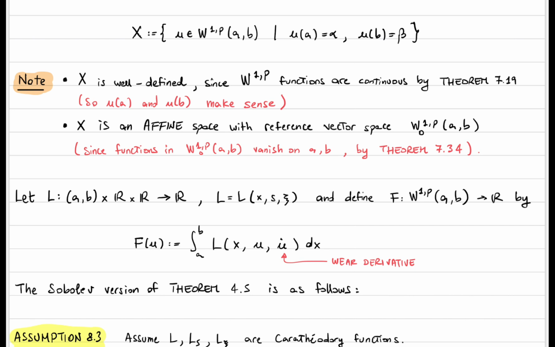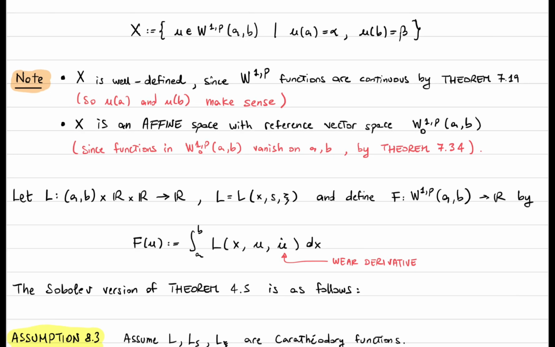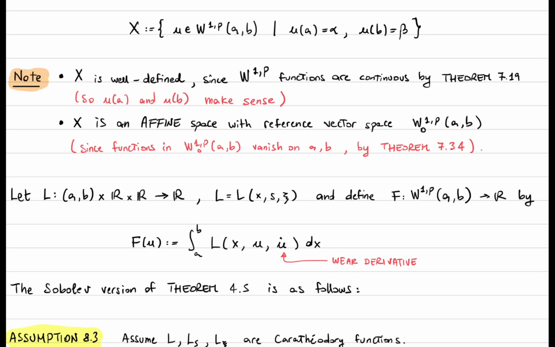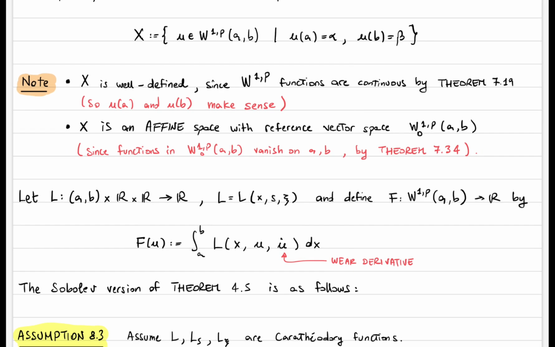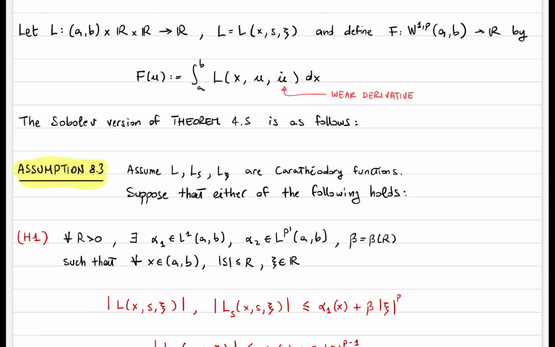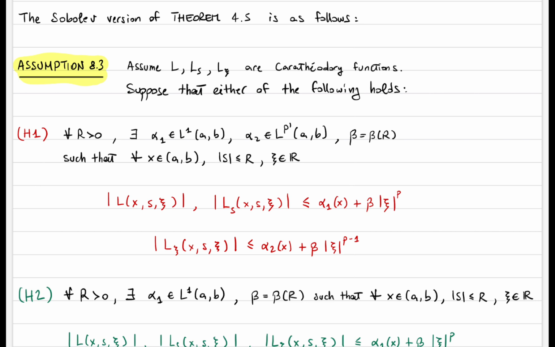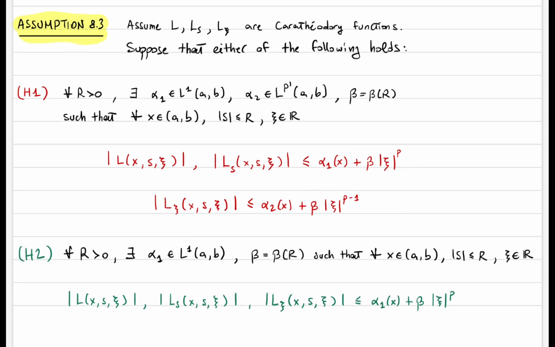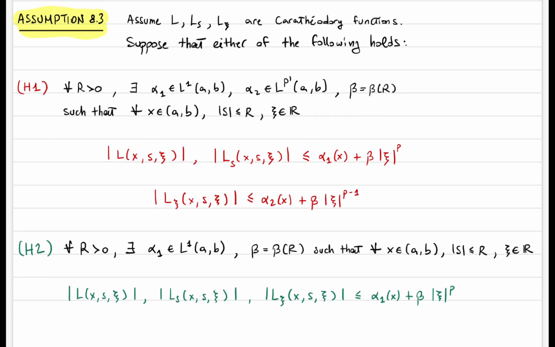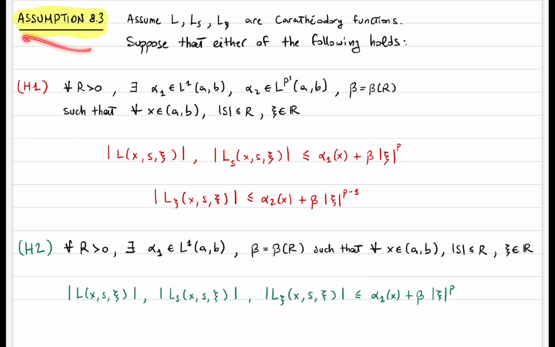Okay, so now we're ready to state the Sobolev version of theorem 4.5. The assumptions under which the theorem will hold are summarized here. Assumption 8.3. I thought that this was more convenient because they're rather long.